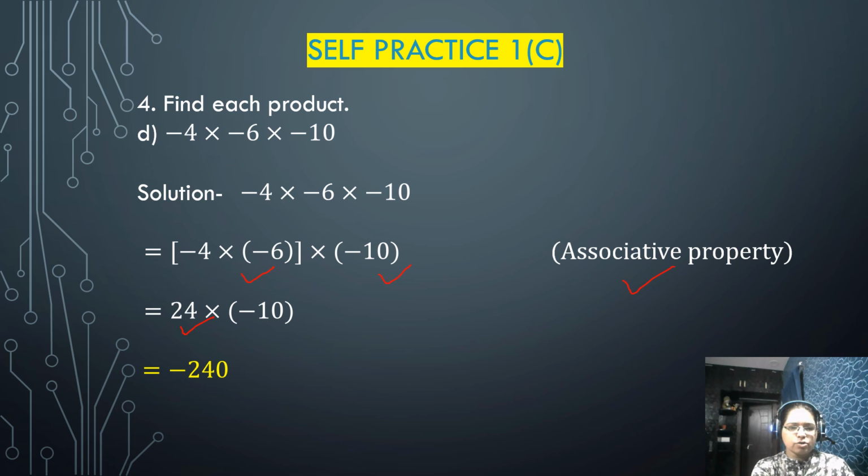We know multiplication of negative integer with negative integer gives a positive integer. So 24 is a positive integer. Then we multiply 24 with minus 10. Multiplication of a positive integer and a negative integer gives a negative integer. So 24 multiplied with minus 10 is minus 240.